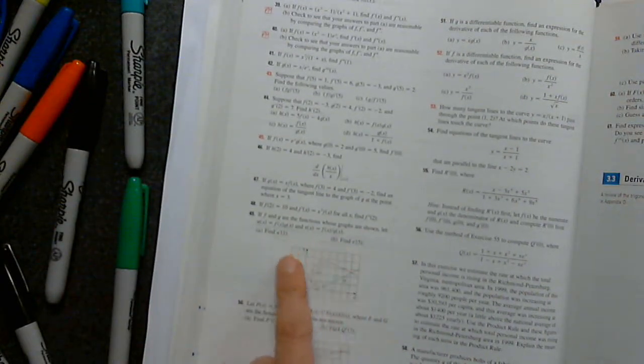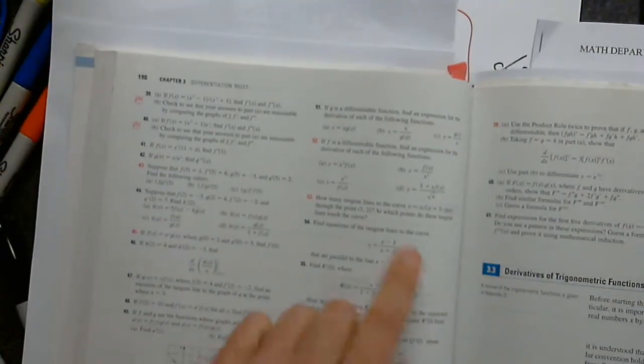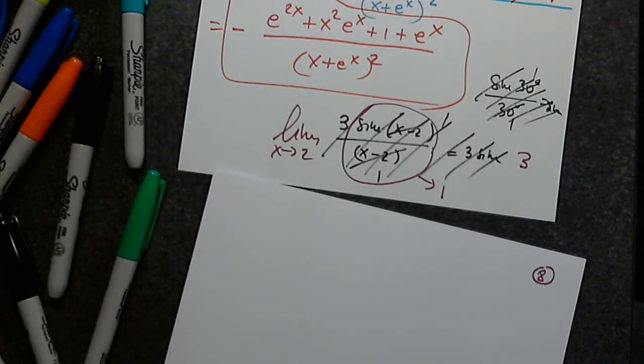Also, being able to determine the derivative of different functions by using graphs to determine the answer is another type of situation. And then 52. I'd like to look at one of these, and that's pretty much it. Tell me what you would like to continue with.